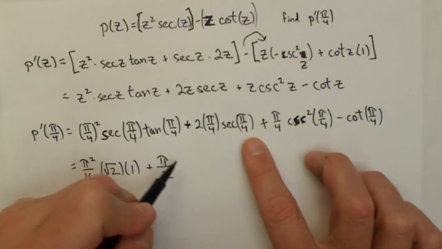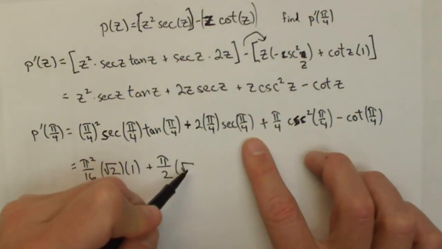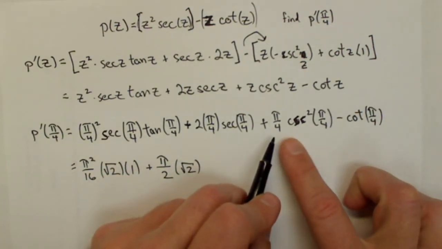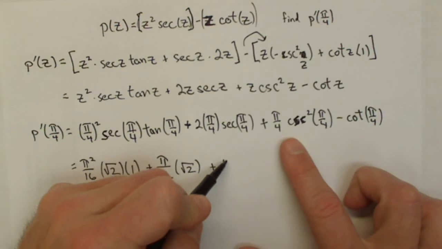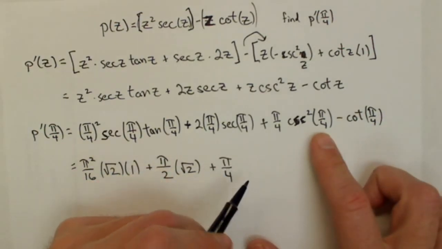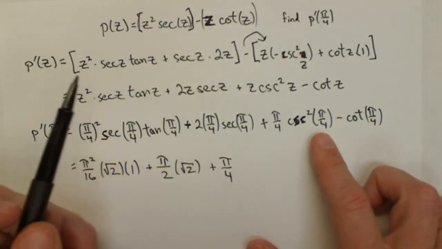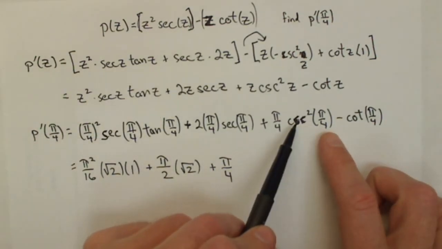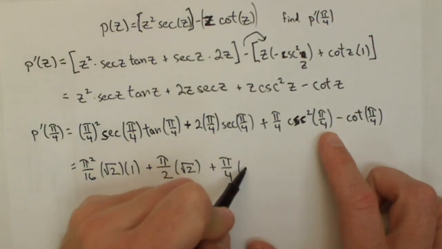Again, secant of pi over 4 is square root of 2. Going on to the next one, we have a plus pi over 4.